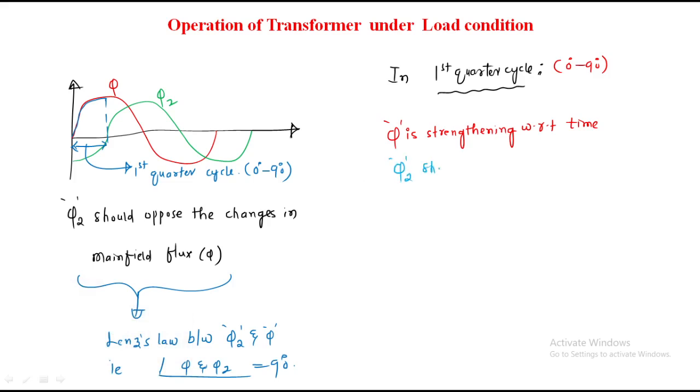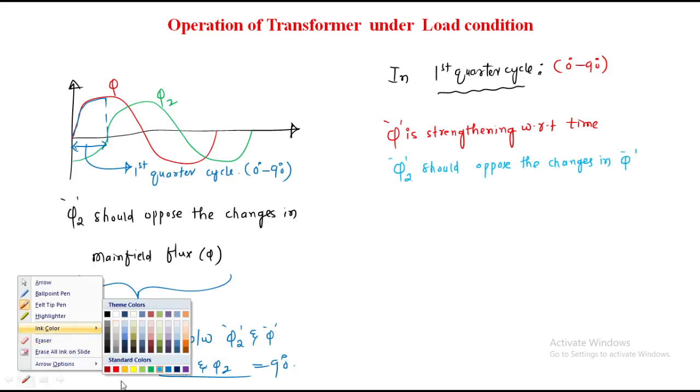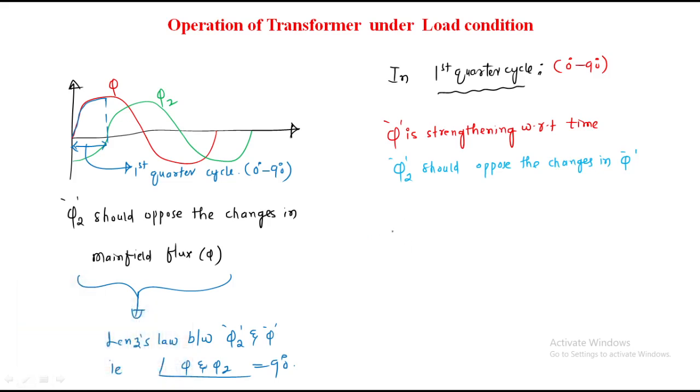Phi 2 should oppose the changes in phi. So what is the direction of flux? Let us take this as the direction of phi. Then how can we get the direction of phi 2?